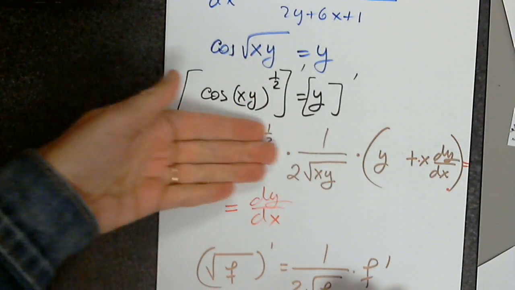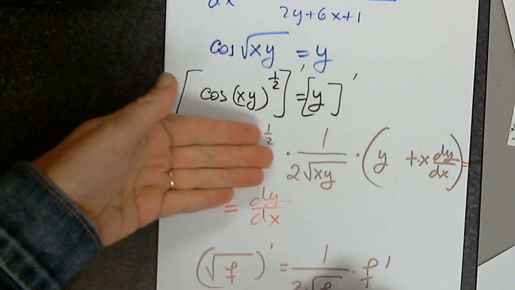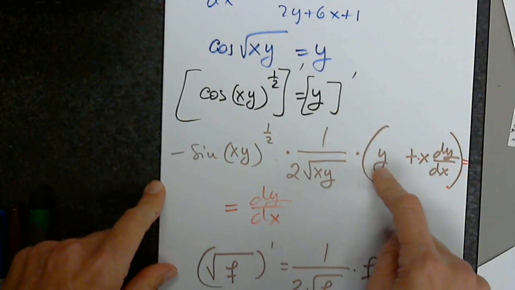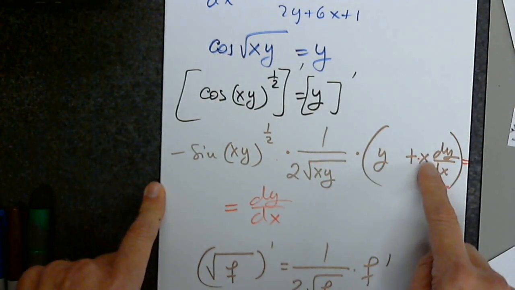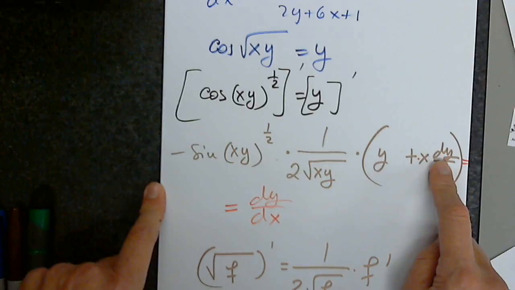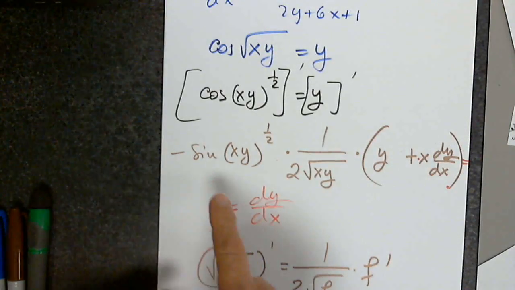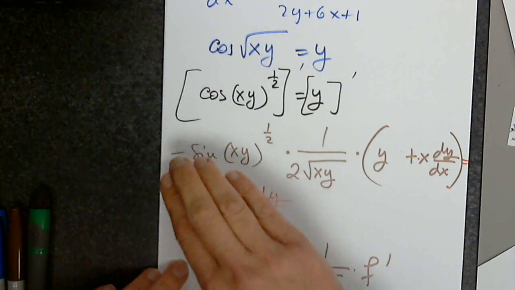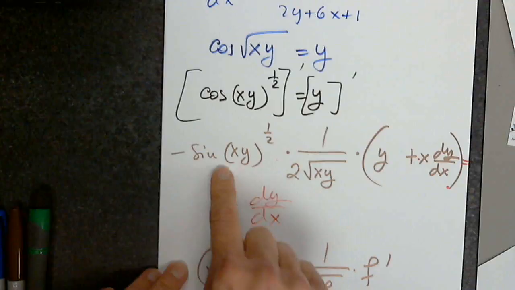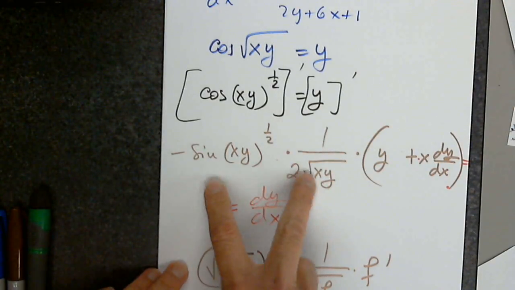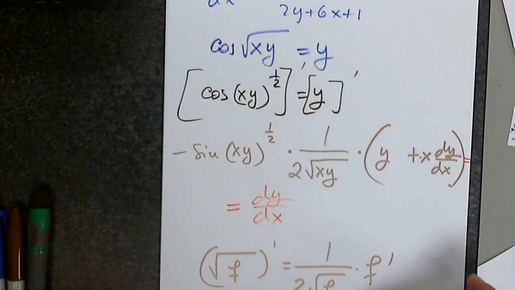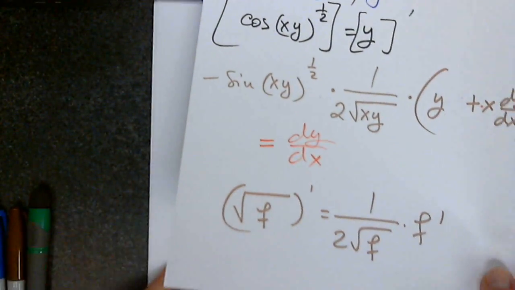So now, look what happens. This is a factor, right? This has to be distributed to y, and this has to be distributed to the second term. And then I have to move the terms with dy over dx to one side, okay? So again, I'm going to put this in one fraction. I'm going to put this up because it's over 1. So I'll multiply these two and these two. So I will write negative in front.